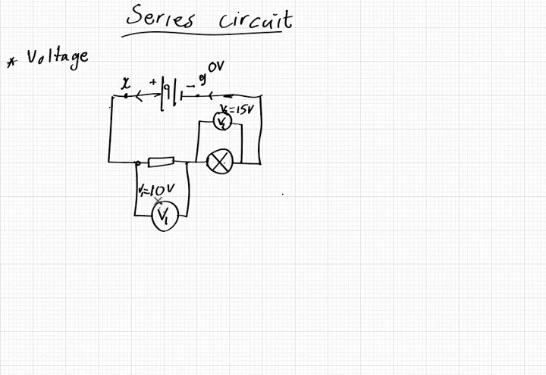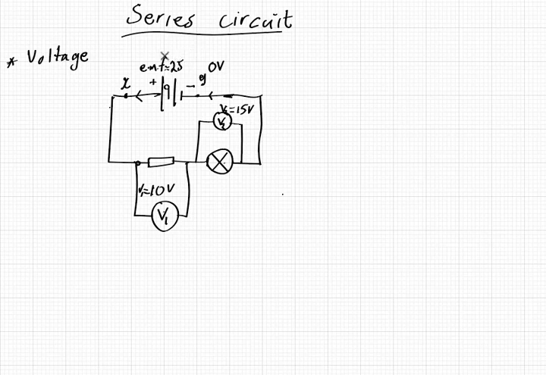Because here is 10 and here is 15. So it used the 10 and it was left with 15. When you combine them, it's 25 volts. So that means it was given 25 volts.